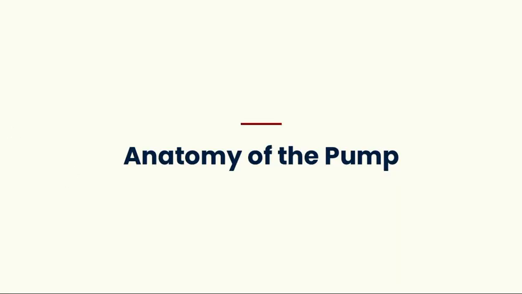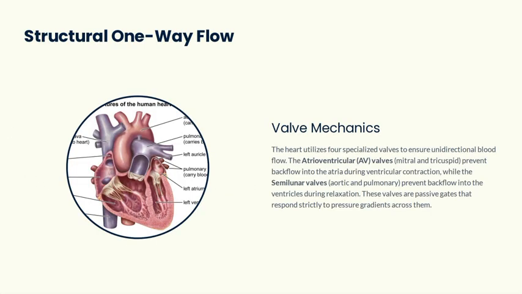Okay, so we're gonna go over the anatomy of the pump, or the heart. So, a structural one-way flow. The valve mechanism: the heart utilizes four specialized valves to ensure unidirectional blood flow.